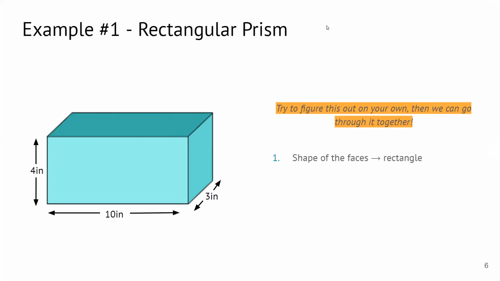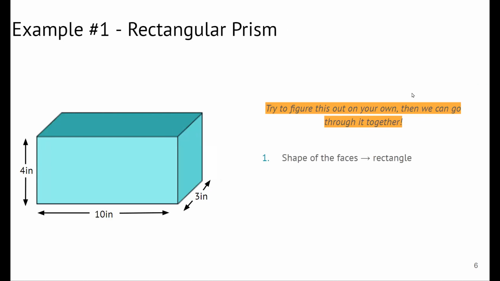Okay. So we can go over the steps, how you should have done it. The shapes of the faces are all rectangles, as you can see. Because we're given the dimensions, for this longer, bigger face the area is 4 times 10 inches, and this smaller face is 4 times 3.